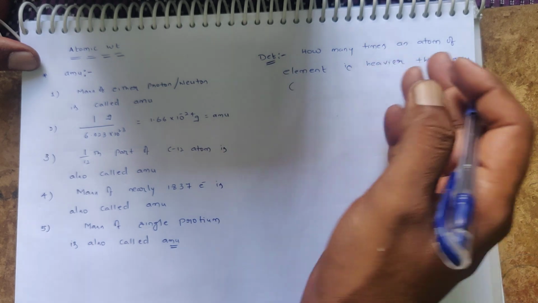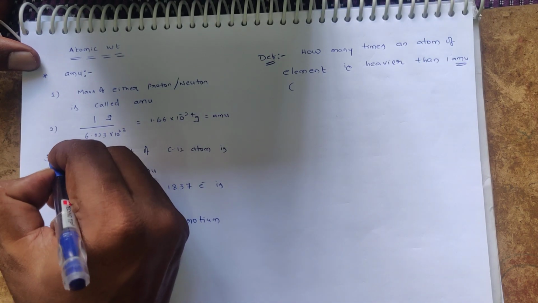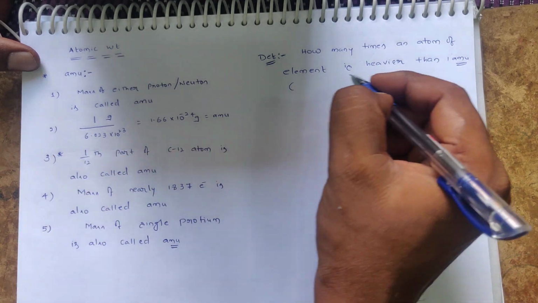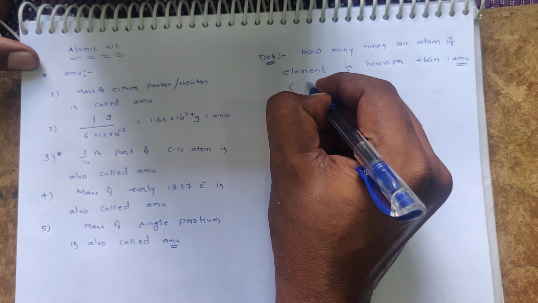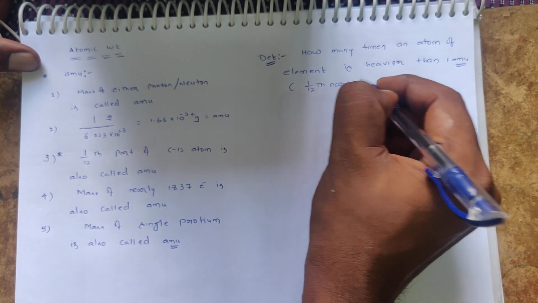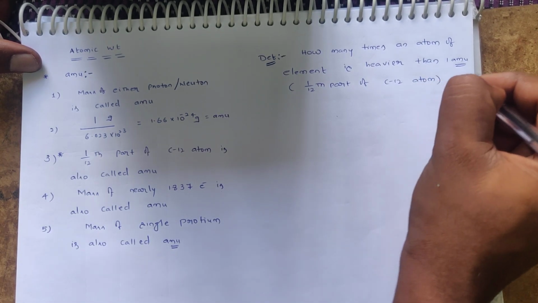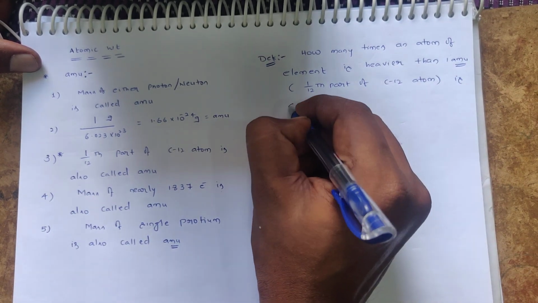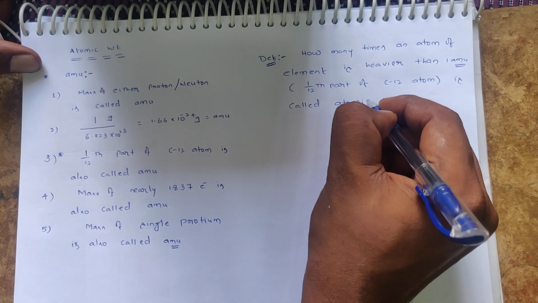Inside the bracket, 1 AMU in the sense any of these 5, but especially it is considered. How many times an atom of element is heavier than 1 AMU, that is 1/12th part of C12 atom, is called atomic weight.